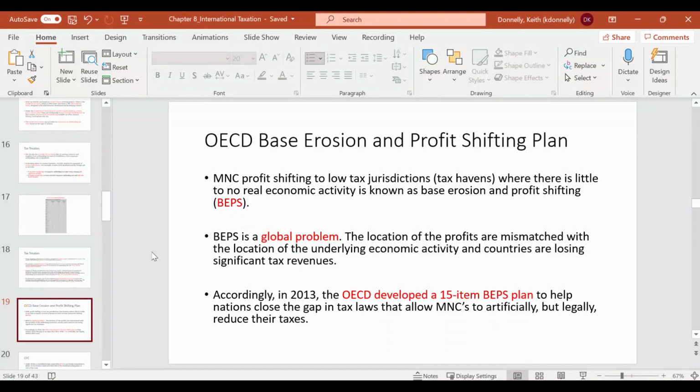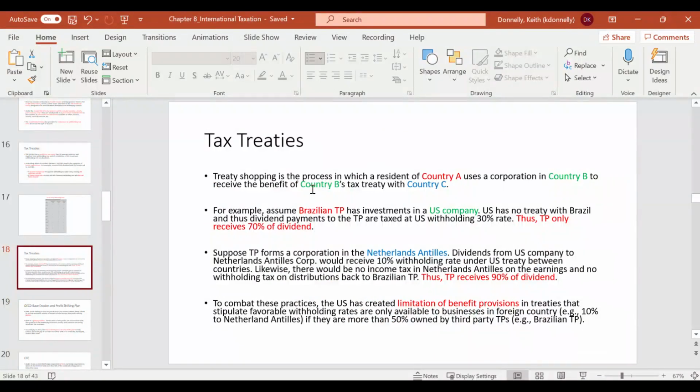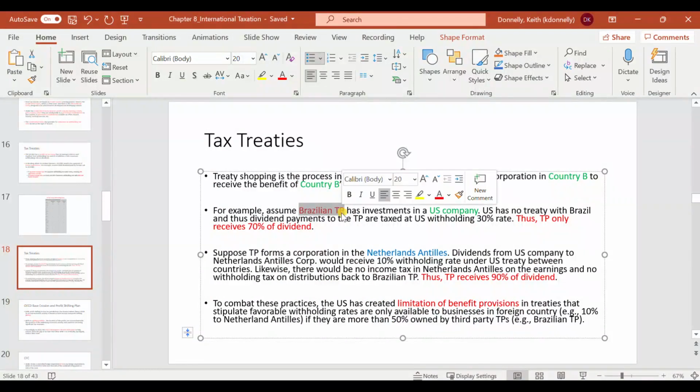This is known as base erosion and profit shifting. In other words, let's say we're Brazil right here, and we have the US and the Netherlands. We can see that we're getting a lot more of the dividend and we're paying less tax.